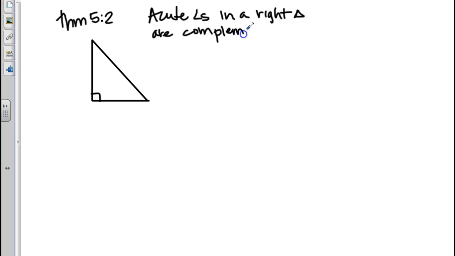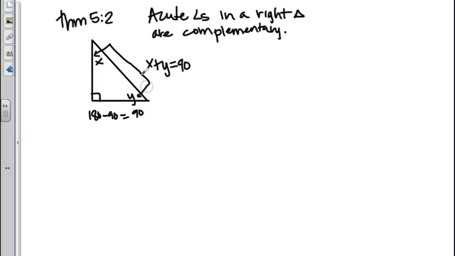Hopefully that makes sense after what we just talked about, that the three angles in a triangle have to add to be 180. We're taking 90 away with this right angle. So these two angles, let's say this is x and y, x plus y has to be 90 degrees, because we already have 90 taken up, and 180 minus 90 leaves me 90 to work with between these two angles.